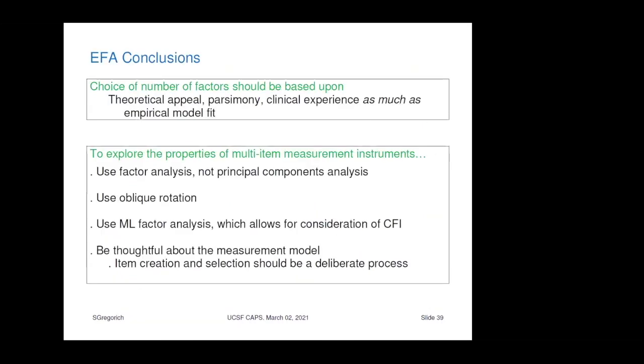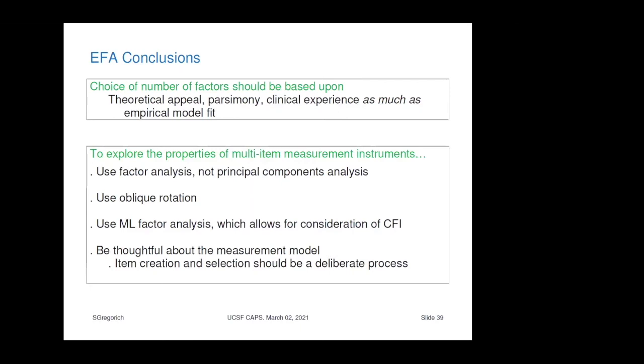So we're getting to the conclusions here. In general, the choice of your number of factors should be based upon theoretical appeal, parsimony, clinical experience, as much as empirical model fit. And here we're talking about EFA. So you're searching for the number of factors in this circumstance, but it's not all about empirical model fit.